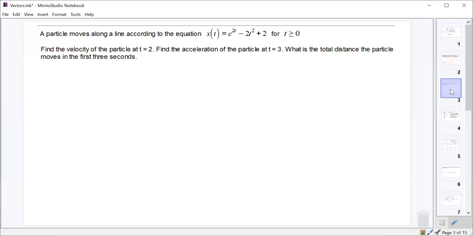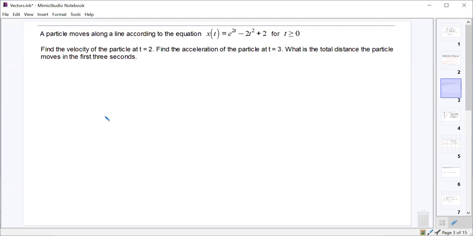So let's find the velocity of the particle at t equals 2, the acceleration at t equals 3, and with any luck, the total distance that the particle moves in the first 3 seconds. So how do we find the velocity?